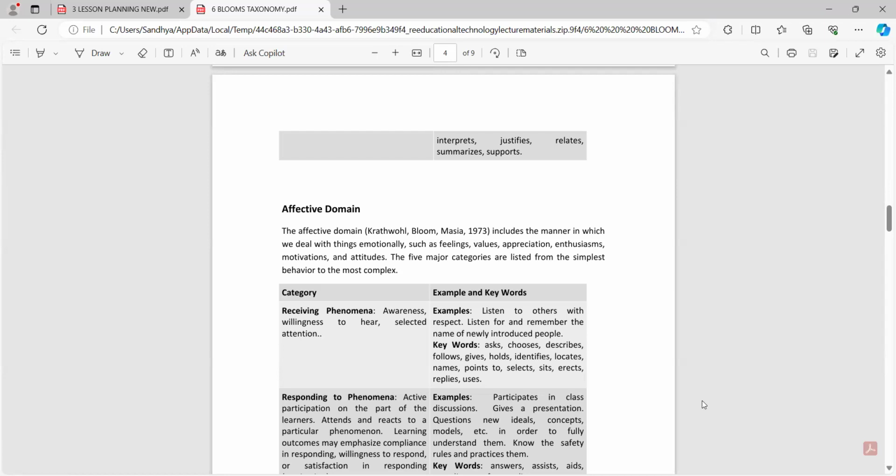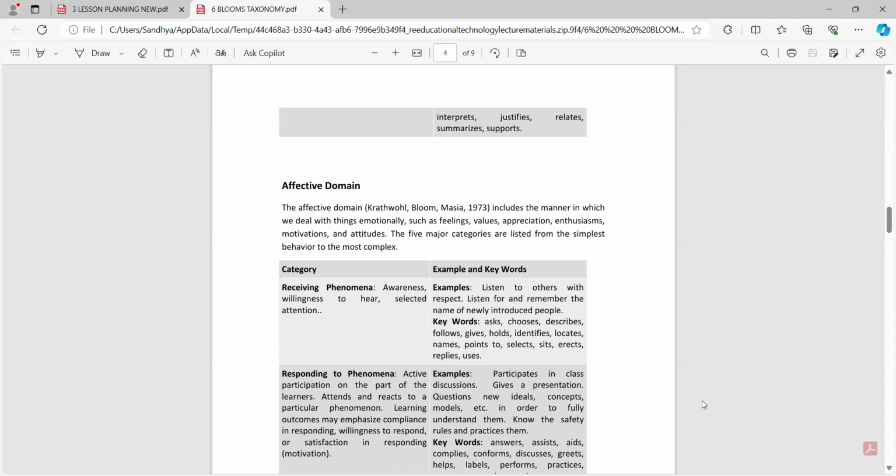Okay? So let's see. Affective, attitudes, emotions and feelings, and heart. Very important. Each and every lesson should gear towards the development of attitudes as well. That is your task in writing specific objectives of the lesson, not only cognitive domain. So here also there are levels. What are the levels?